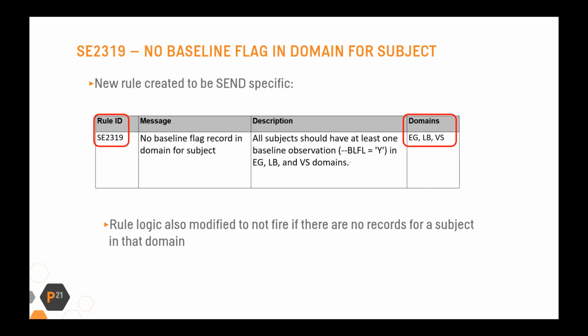We also modified the rule logic so that it would not fire if there was no data in a specific domain for a subject, which is a little different from how SD0006 works. It's more important in clinical about the baseline flags, whereas it's more technical with non-clinical.